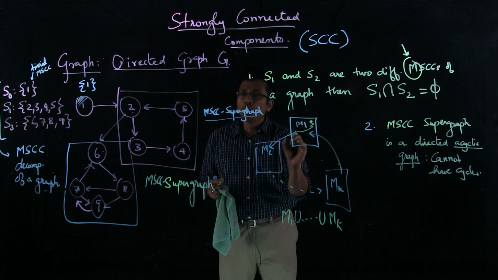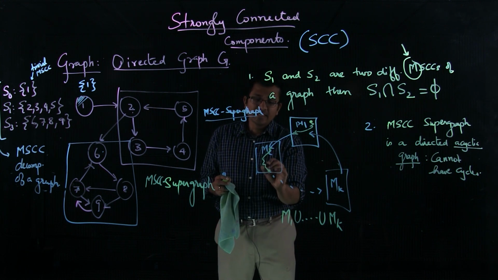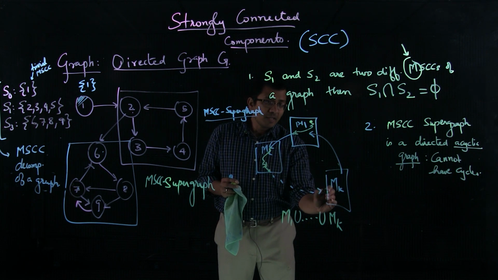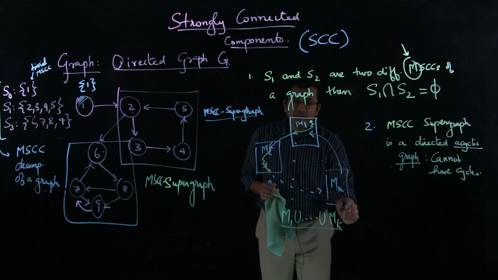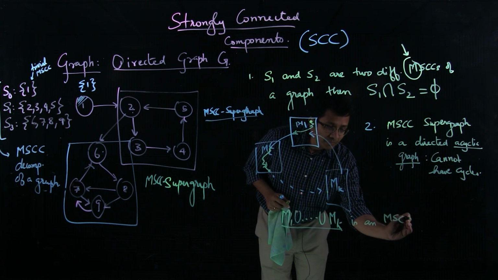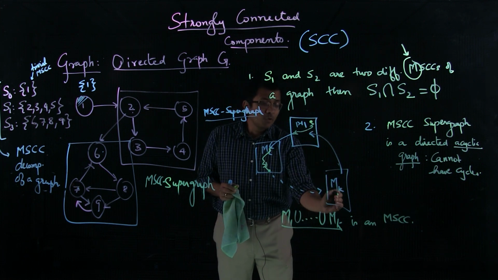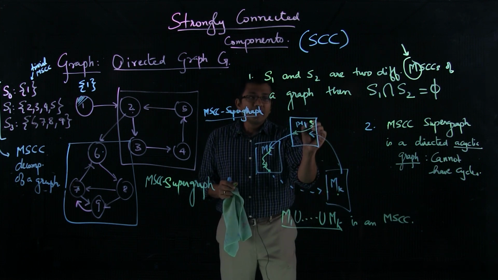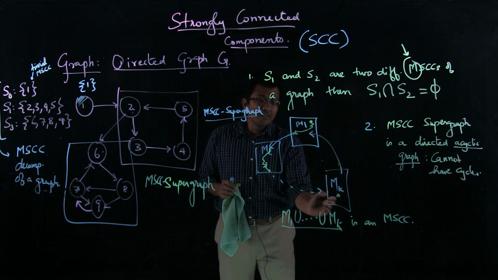From there I take the blue edge, and then inside M2 there's going to be a path to the head of the next edge. And if I keep traversing, what you notice is that this whole union is an MSCC. Why is that? Because if I wanted to go from any node to any other node, like some node in M1 to some other node in Mk, well, there is a way for me to get there.